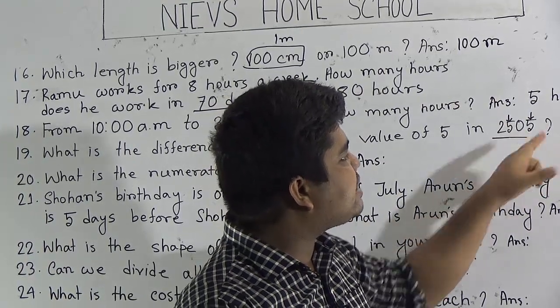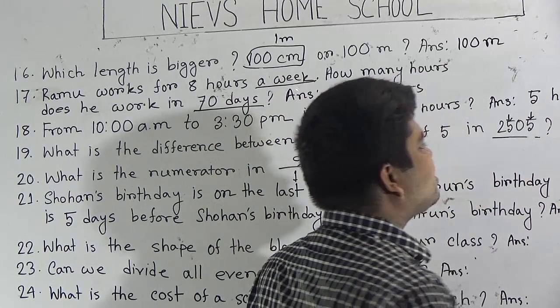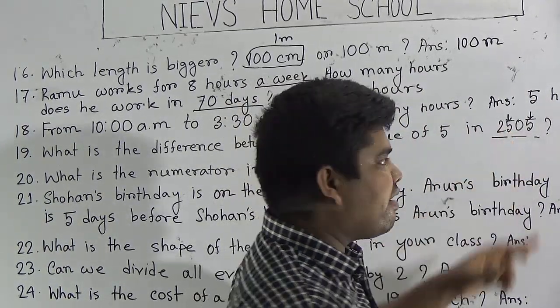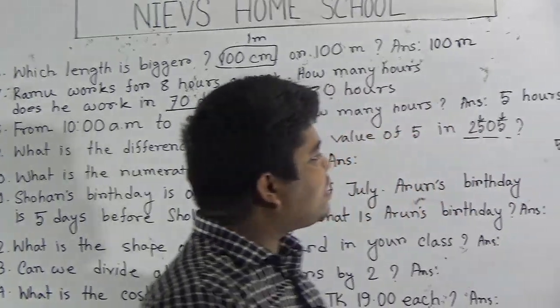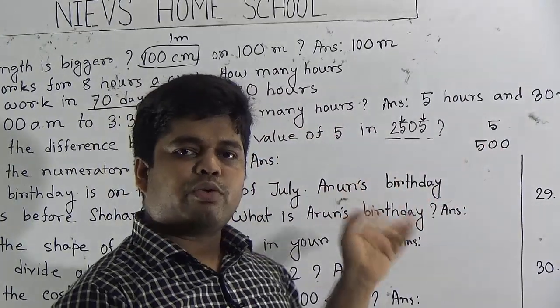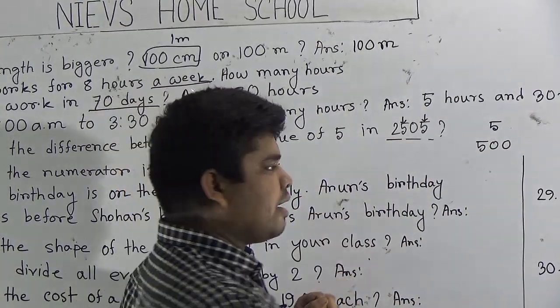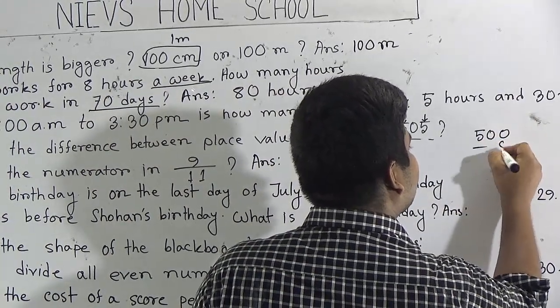So what is the place value of 5? The place value of 5 is 5 ones, that means 5, and the place value of the other 5 is 500. Now we subtract 500 and 5 and we get the difference between the place values of 5 in this number. That means we subtract 500 minus 5.